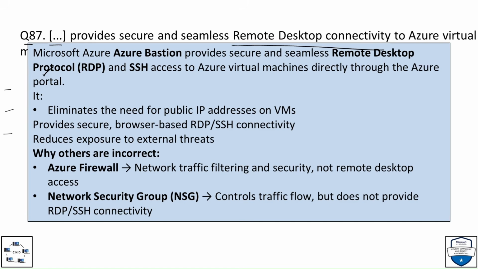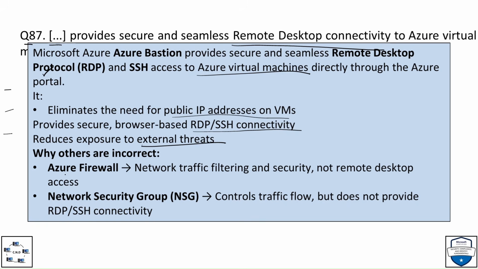Microsoft Azure Bastion provides secure and seamless remote desktop protocol and SSH access to Azure virtual machines directly through the Azure portal. It eliminates the need for public IP addresses on VMs and provides secure browser-based RDP and SSH connectivity and reduces exposure to external threats.